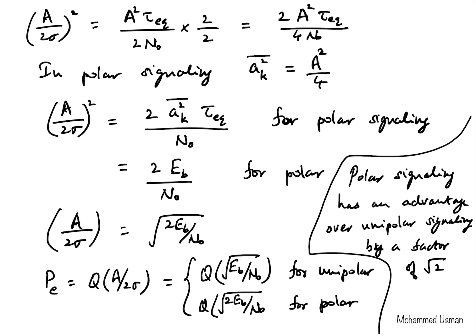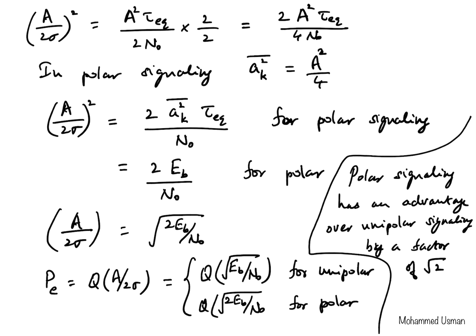Okay, so we come to the same conclusion, but what is important here is that we have made a relationship between A by 2 sigma, which was a representation of the signal to noise ratio for the communication system, and Eb by n naught, which is the figure of merit for a digital communication system where we are interested in focusing on the individual bits. Okay, so we have a relationship between A by 2 sigma and Eb by n naught, and Eb by n naught is a common figure of merit that is used for a digital communication system.